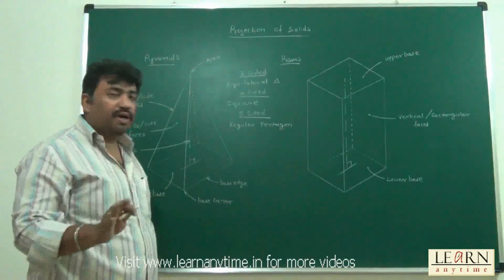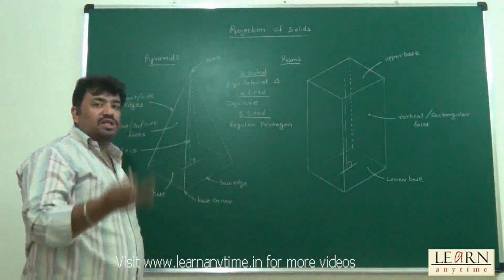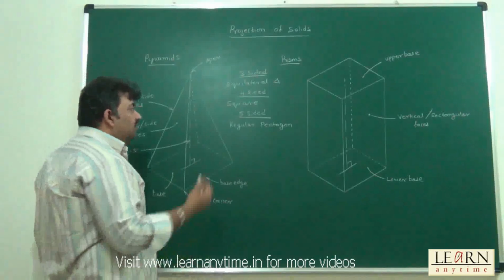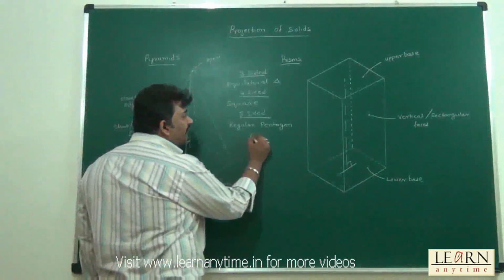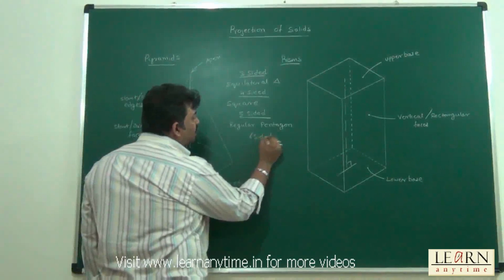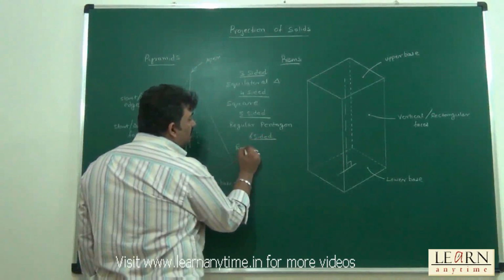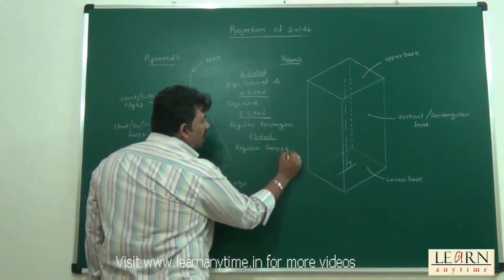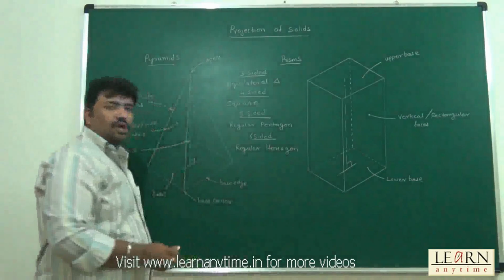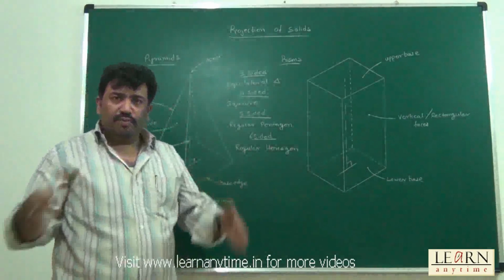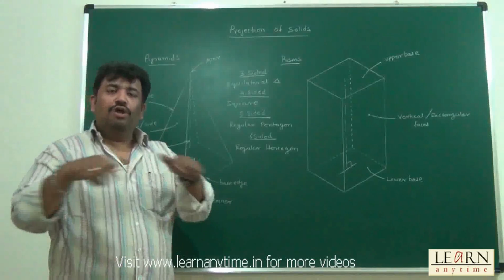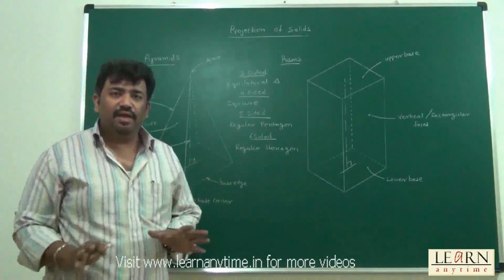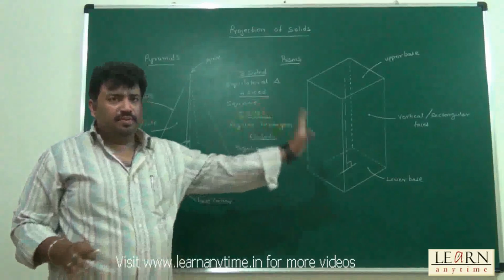Lastly, another shape which we can have for the base is a 6-sided shape, which is a regular hexagon. So the shape of the base can be a hexagon with all 6 sides having the same length, for the pyramid as well as for the prism.